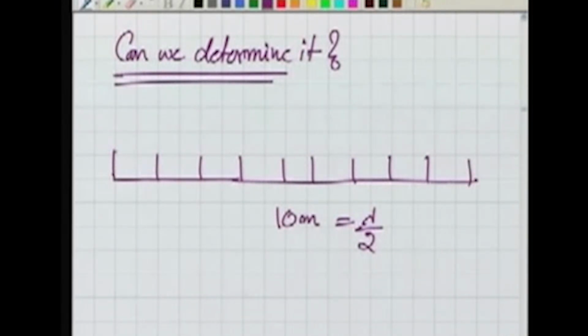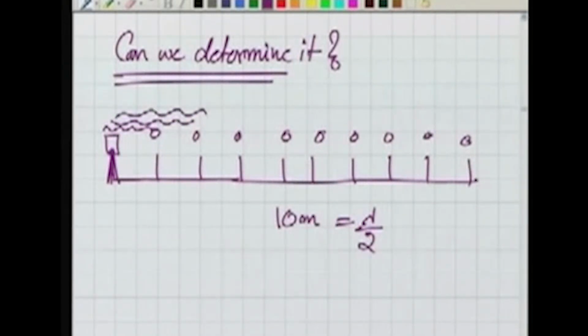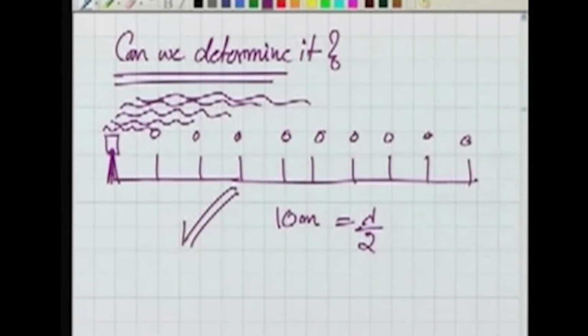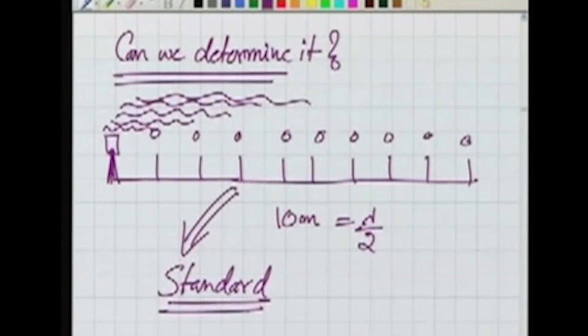we keep our EDMI here and our targets at all these places. So basically what we are doing is measuring all these distances using the EDMI. Also this is a standard. I will explain the meaning of this term standard.